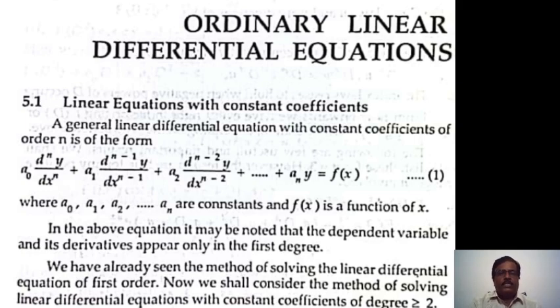So, linear differential equation with constant coefficients. Any differential equation of the form a0 d^n y by dx^n plus a1 d^(n-1) y by dx^(n-1) plus a2 d^(n-2) y by dx^(n-2), up to an y equal to f of x, where a0, a1, a2 and all the a's are constants, and this f of x is a function of x.